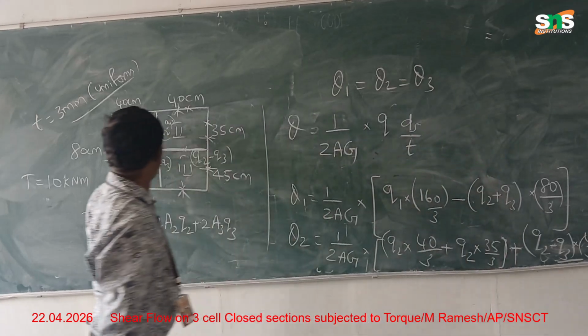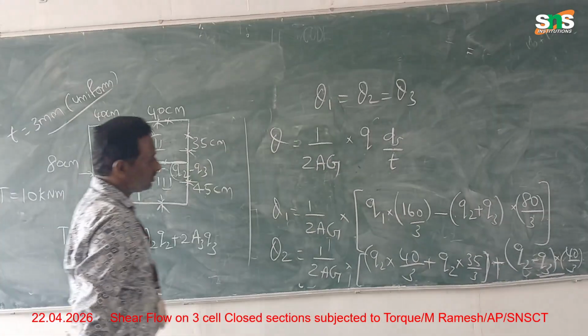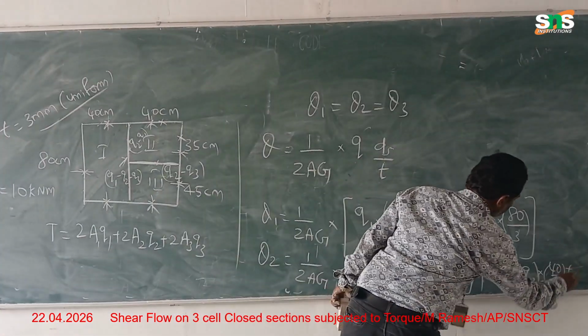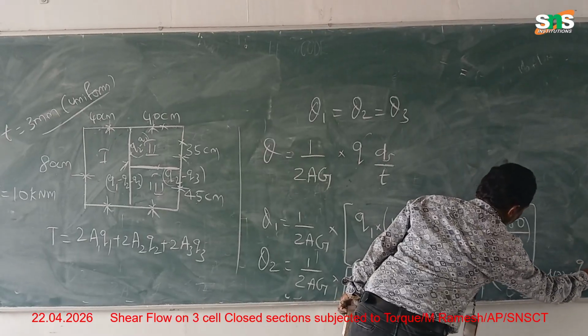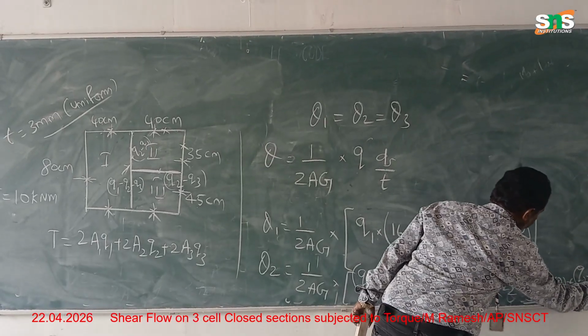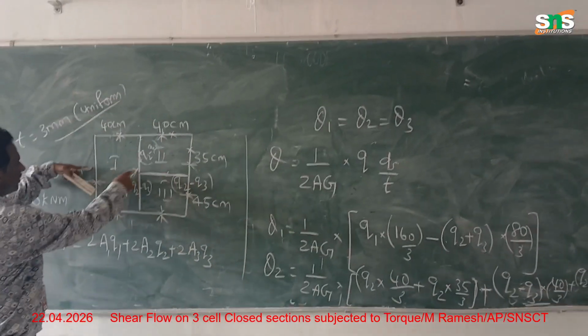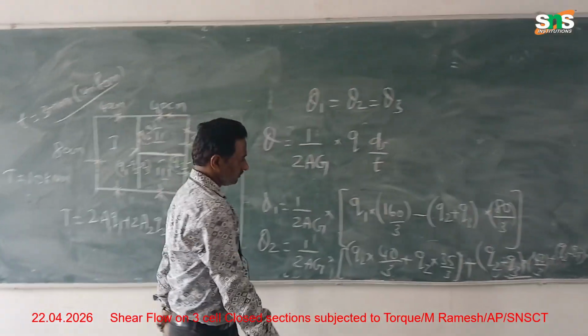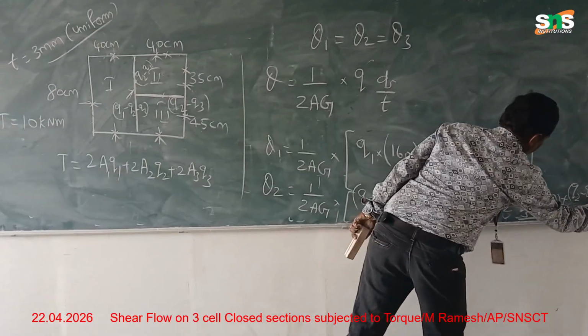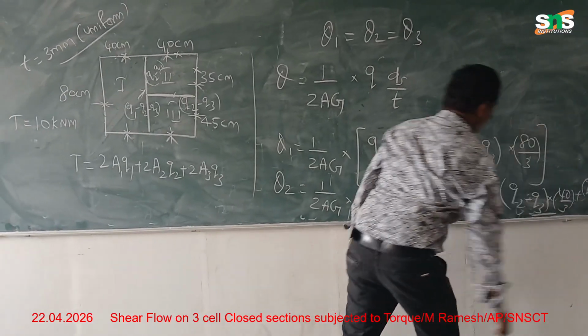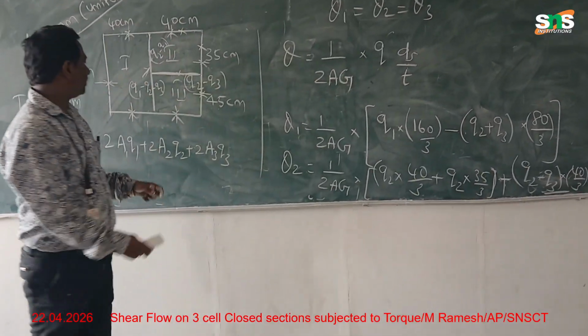And then for this one, here Q2 minus Q1, so you add another term: plus Q2 minus Q1 into this segment, which is half of this one, so 40 by 3. Accordingly, you can go on.